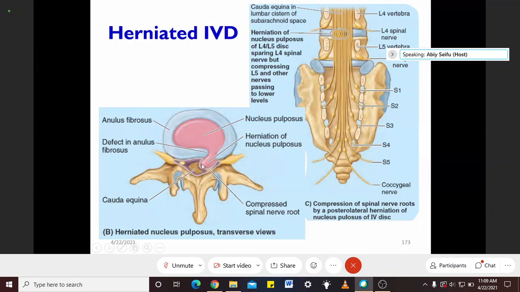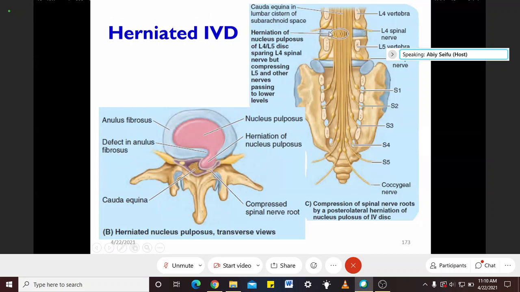But most of the superior nerves are not affected by protrusions of this intervertebral disc. Rather, the inferior nerves have a great chance to be compressed. Look at this one. For instance, this is the intervertebral disc in between, this one is L4, and this one is L5.